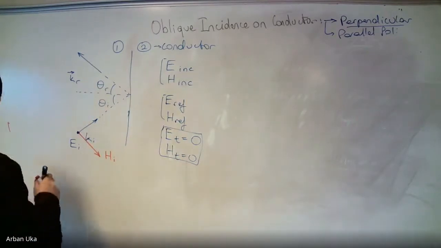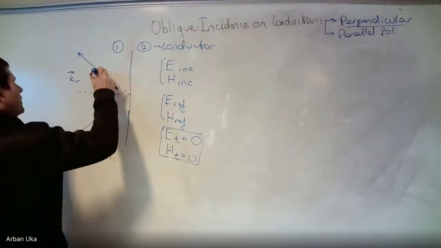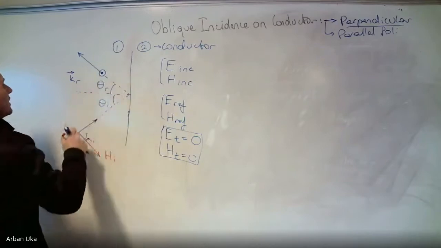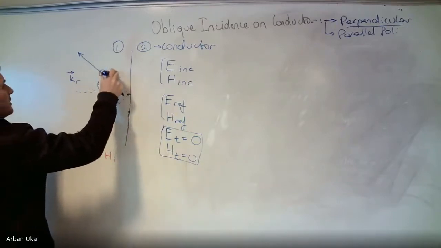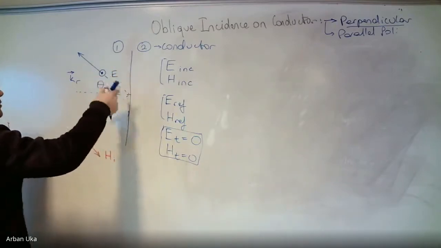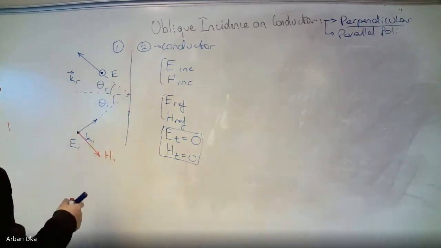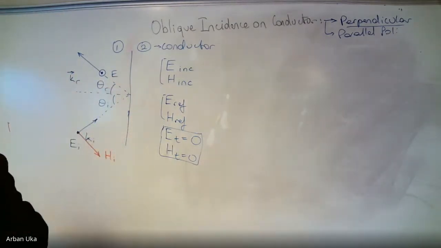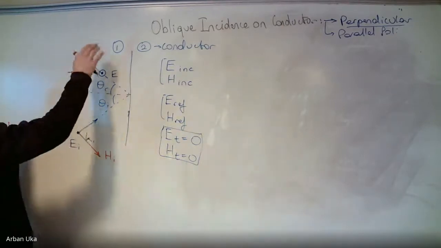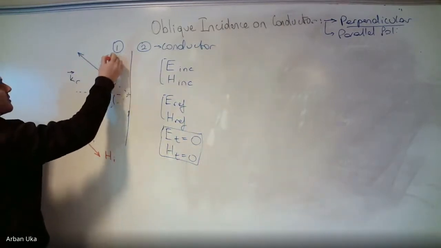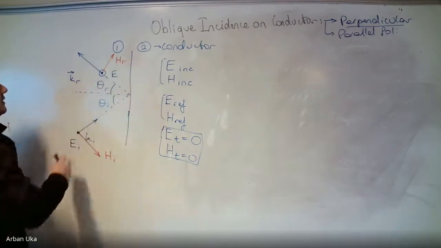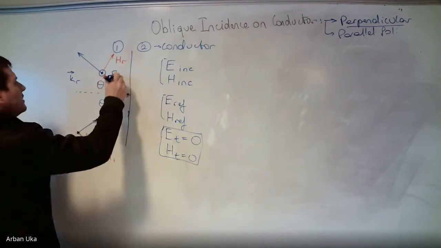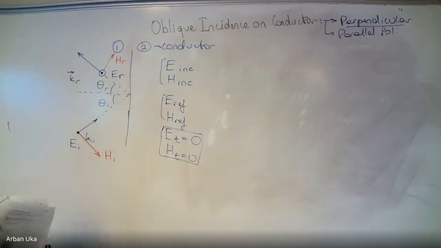And the perpendicular wave here will also look like this, the ER, the electric field vector, which is going to point out of the board. And then the direction of the magnetic field is going to be like this. So this is the HR. And this is in blue, this is the ER. So this is the complete configuration.